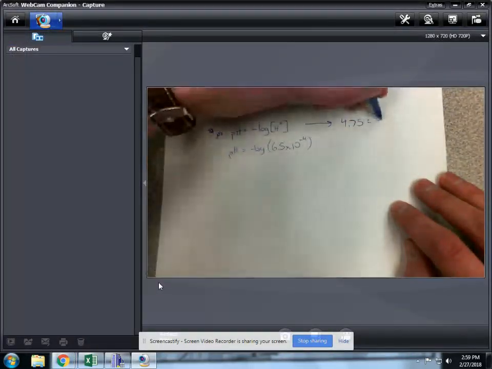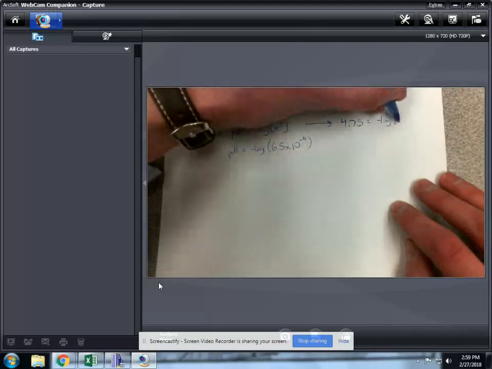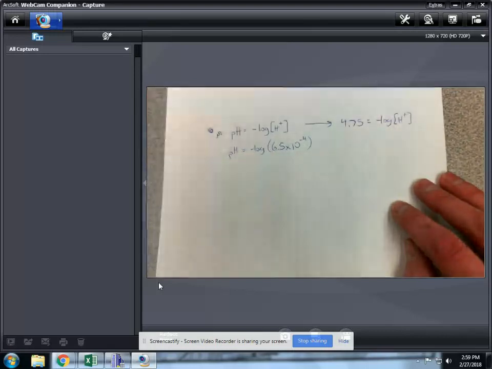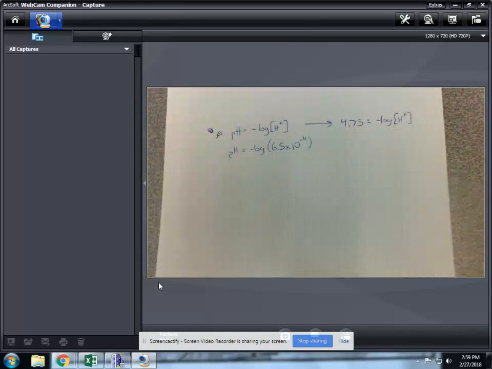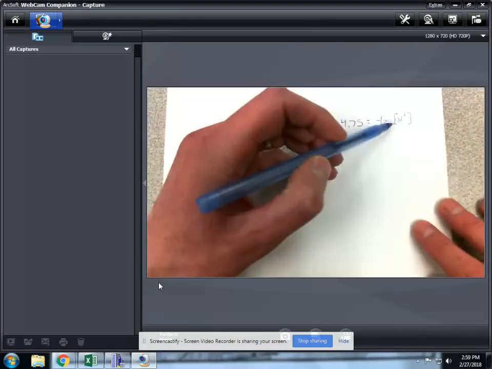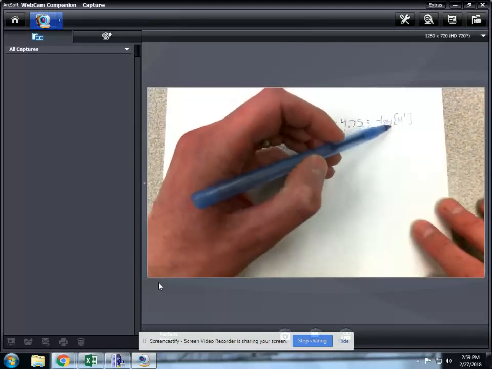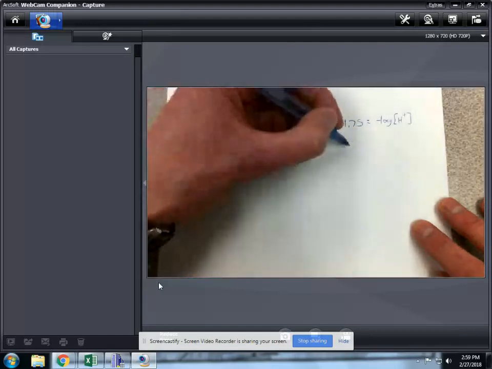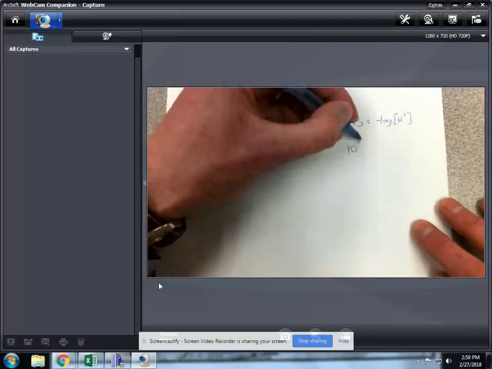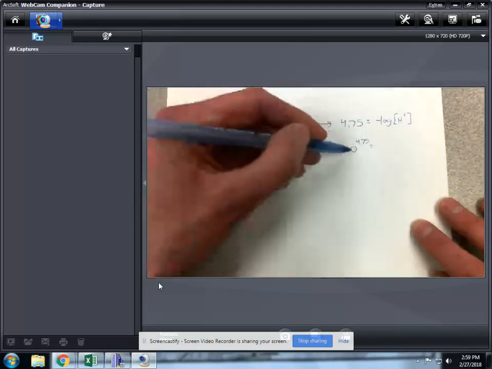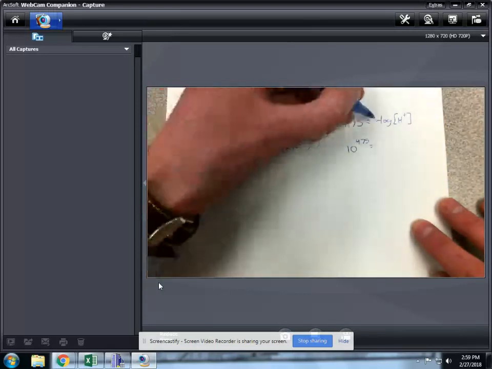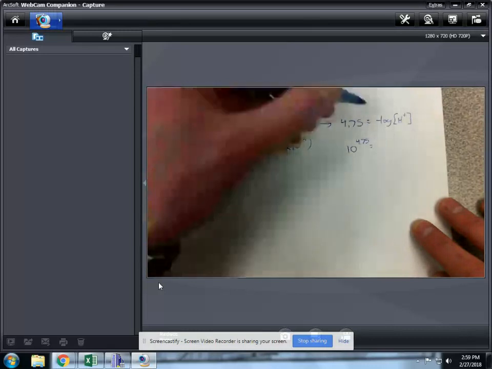And we don't know the concentration of hydrogen ions. But we do know that it's base 10 because of this common log. So the common log gives us a base 10. So I can rearrange this into an exponential function, 10 to the 4.75. Oh, we have this negative here, actually.